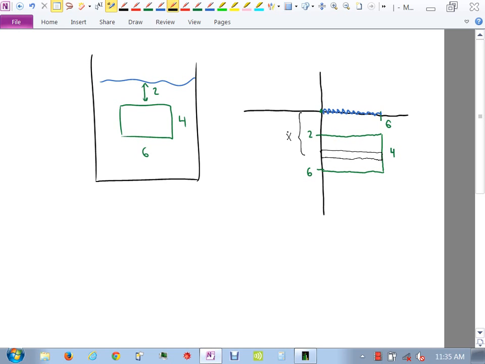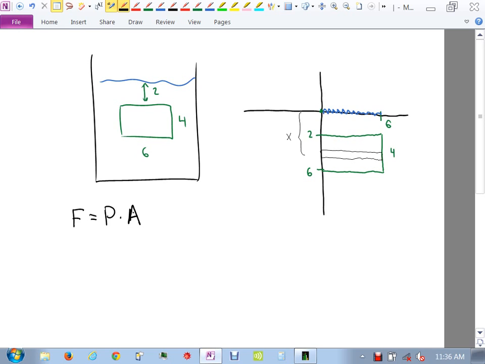Yes. If it were a bonus question, I would expect you to draw me the region. All right. That okay? We want to know what the area of that arbitrary band is, because remember, the formula we're trying to work with is the force is equal to the pressure times the area, and I need the area of that little band.